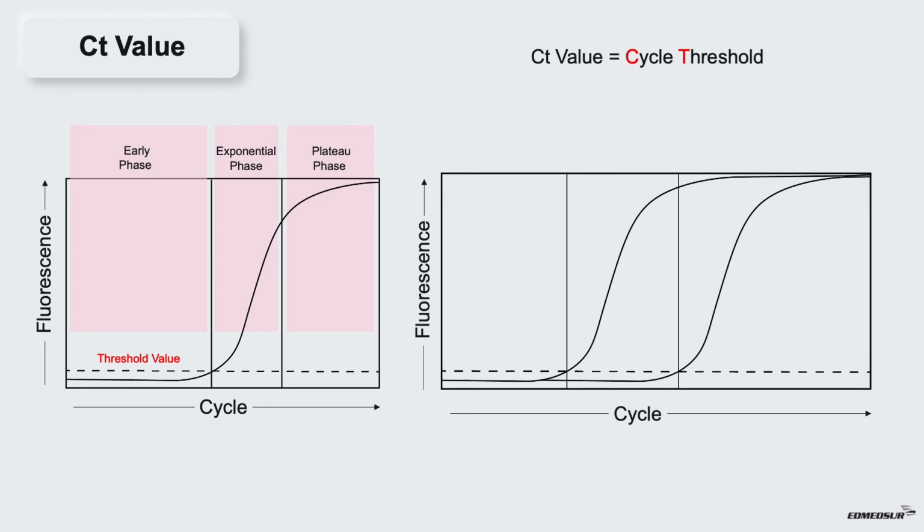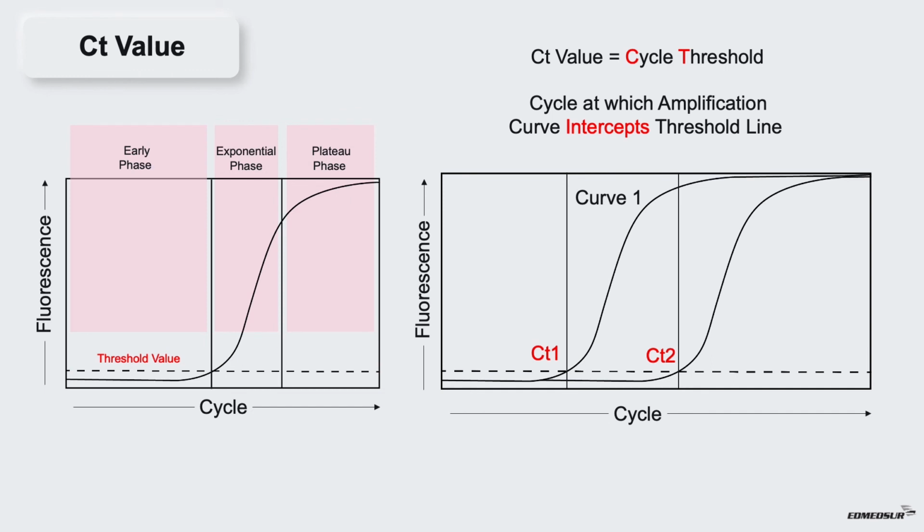CT value is also known as cycle threshold. It is the cycle at which the amplification curve intercepts the threshold line. Let us compare amplification curve 1 to amplification curve 2. Curve 1 suggests that at the beginning of PCR there was a higher amount of DNA present, so with amplification the fluorescence started increasing exponentially.